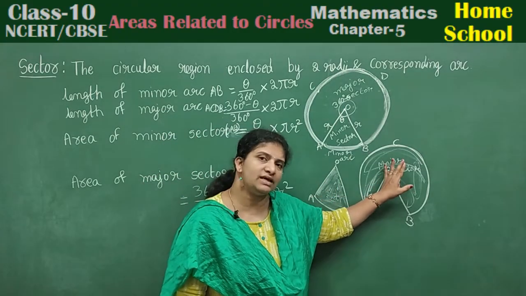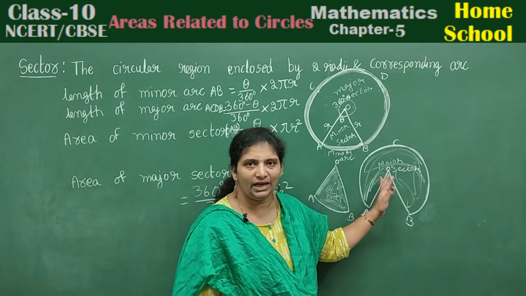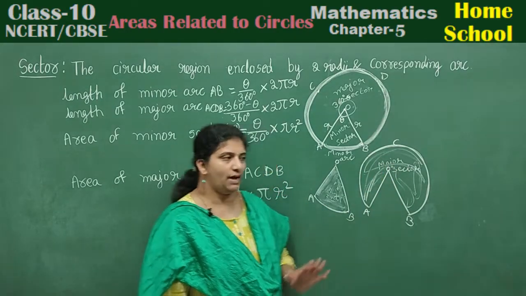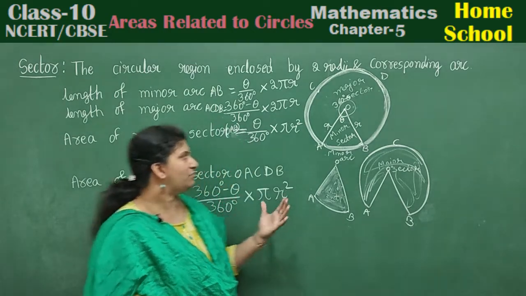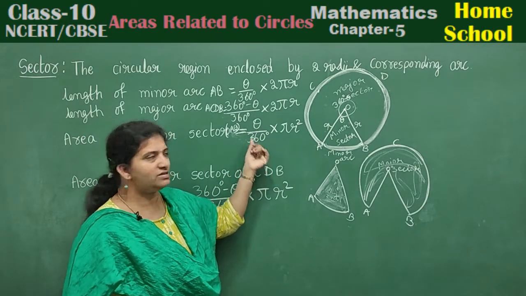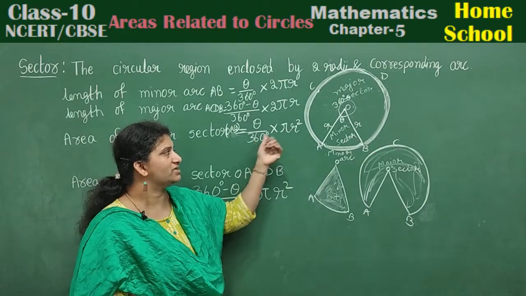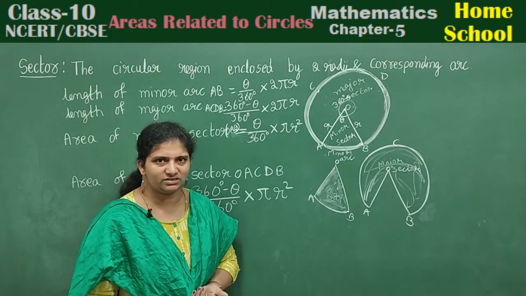Area of major sector, 360 degree minus theta by 360 into pi r square. Suppose if you know any one of the angle, you can substitute and write. That means if you know theta is 10 degree, 10 means 0, 0 cancel, 1 by 36 into pi r square. Or you can write pi r square by 36.